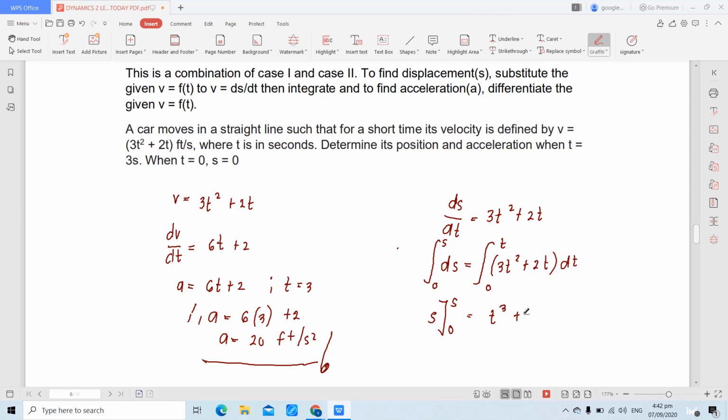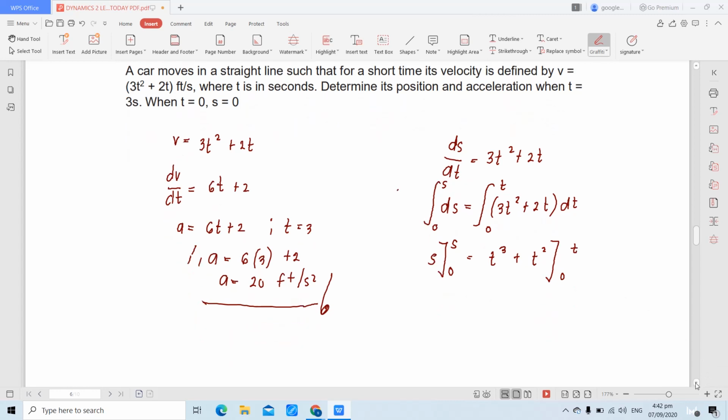T squared over 2, cancelled ulit yung ating constant, plus t squared from 0 to t. Apply the limits. So this will become s minus 0 or s equivalent to t cubed plus t squared minus 0 cubed plus 0 squared minus 0. No. So you have now displacement as a function of time t.